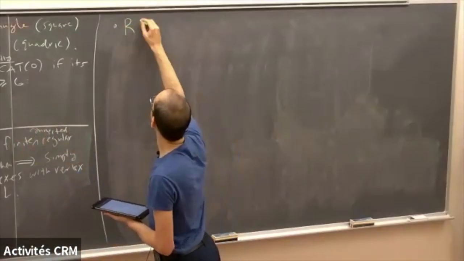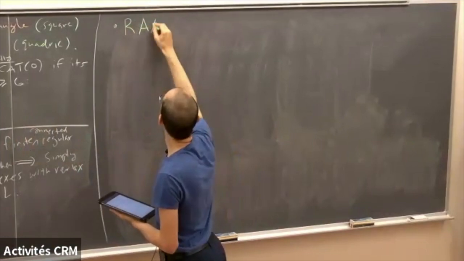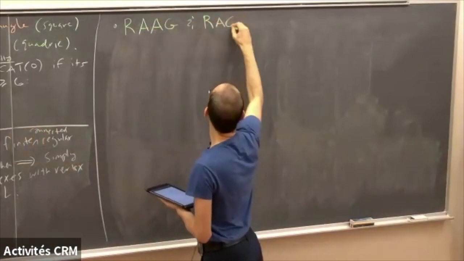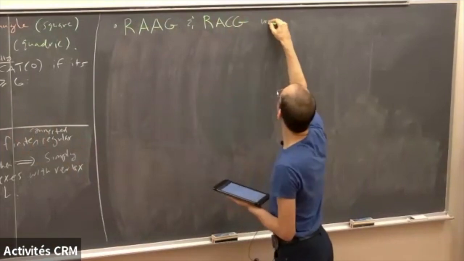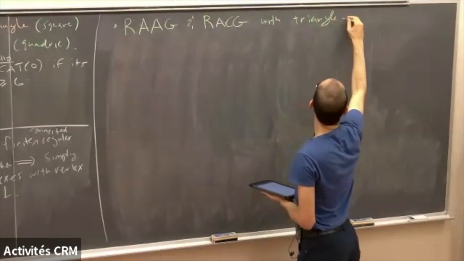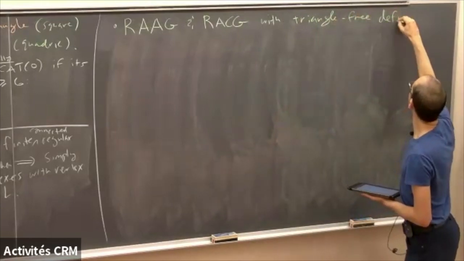We've also got right-angled Artin groups and right-angled Coxeter groups with triangle-free defining graphs.